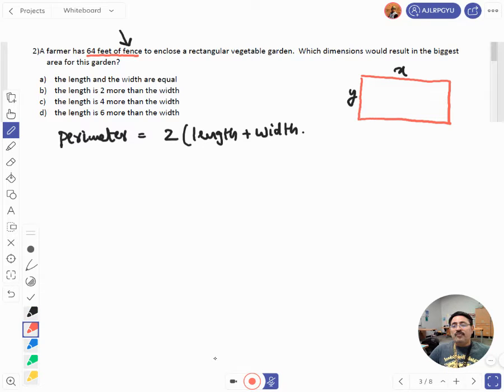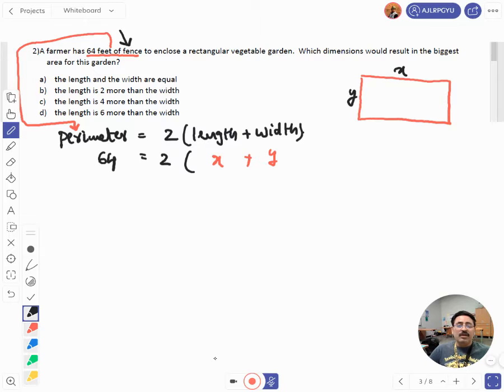Now, fencing, please remember, is representing the perimeter. Therefore, in the place of perimeter, take 64 equals 2 times (length x plus width y). So let me take length is x, width is y.